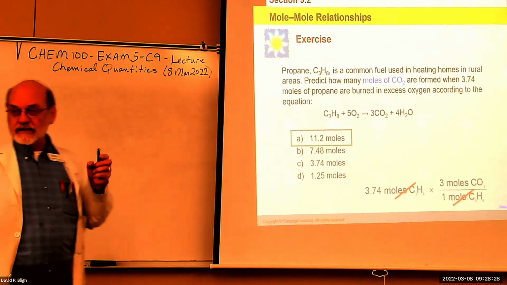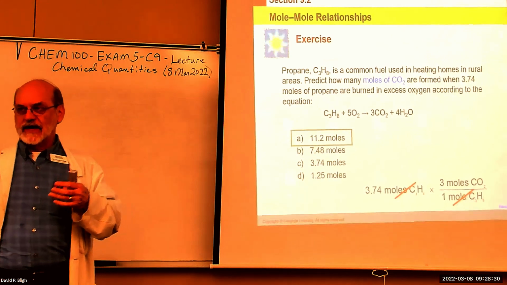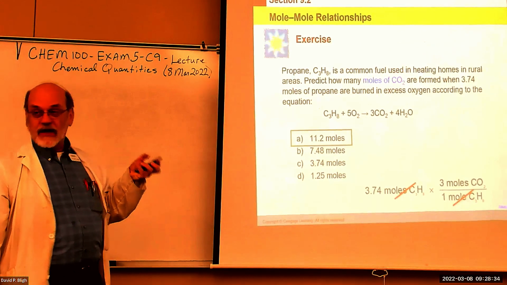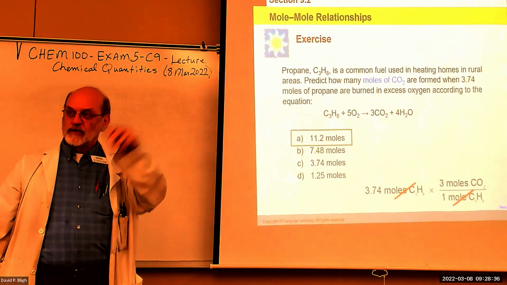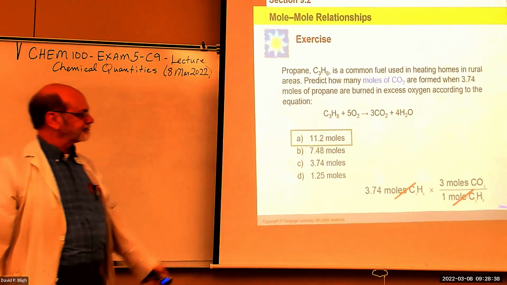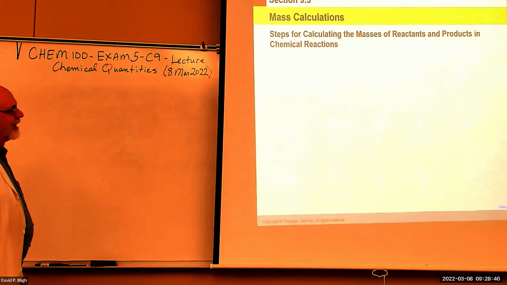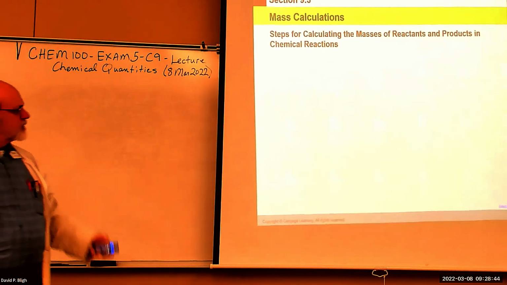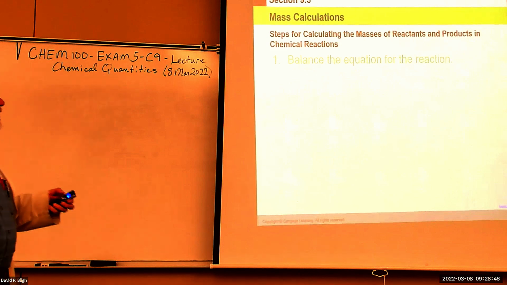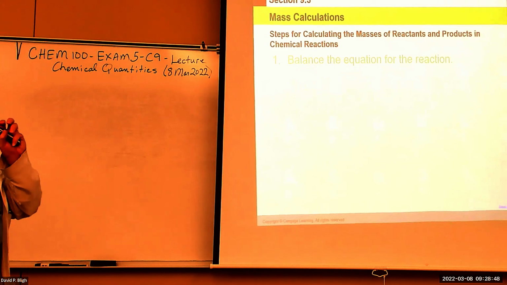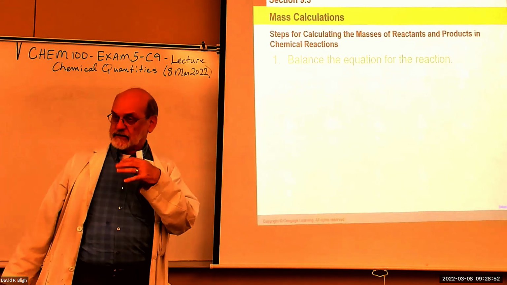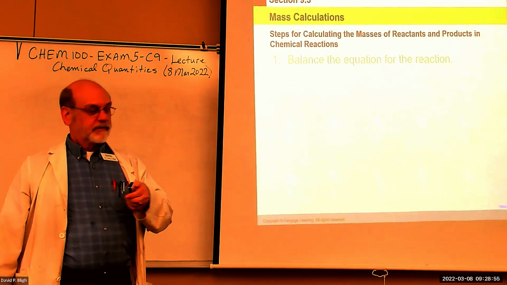But now we can easily convert it into mass. That's no problem, because we know how to calculate the molar mass of carbon dioxide and convert the moles into mass. Okay. So these are the steps that we would use to solve a problem for mass rather than moles.